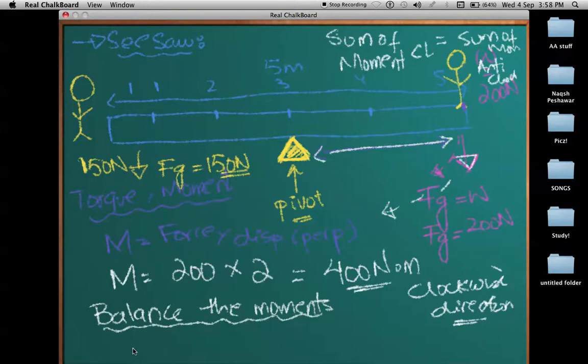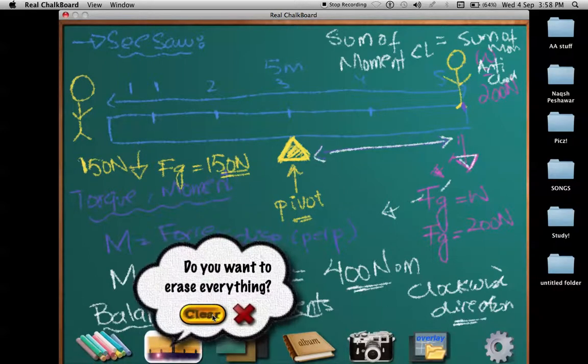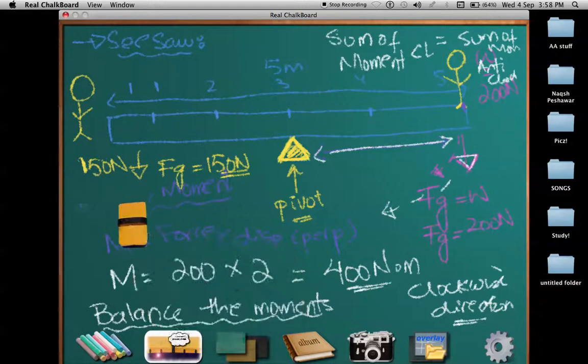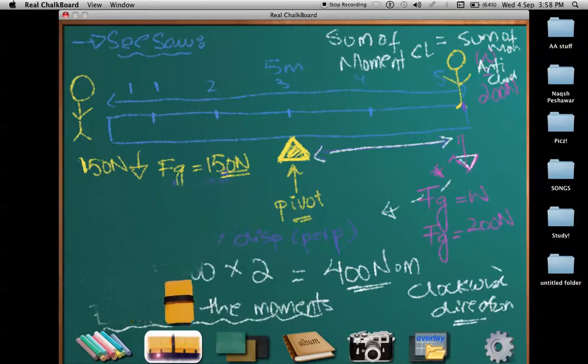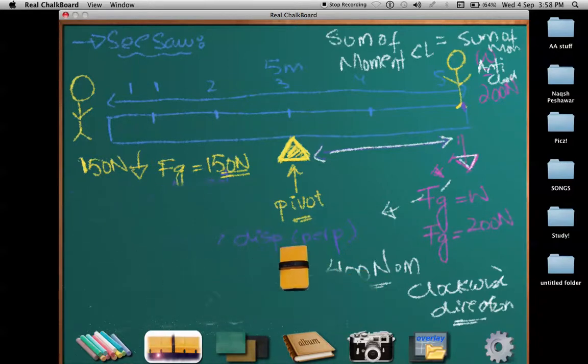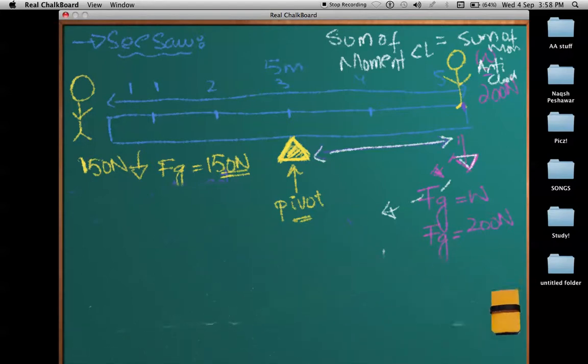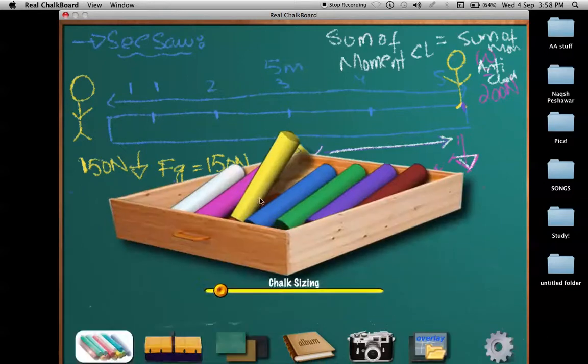That is an easy question. Let me just clear things up here. Just remember that this is the 400 newton meters that he's producing.